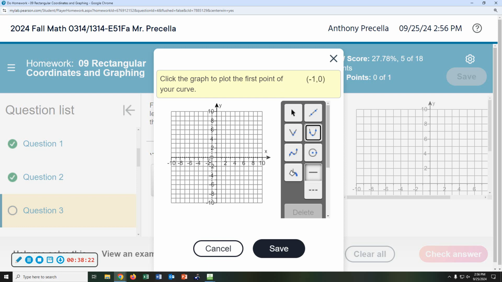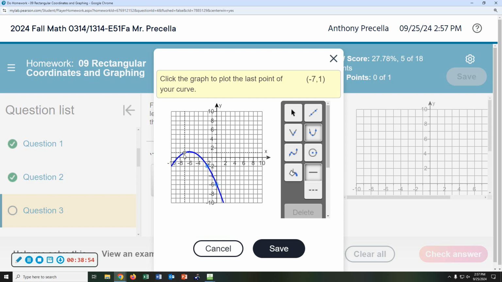Negative 2, negative 2? Is that it? Oh, I moved accidentally there. Click it. Now, what's the second point? Next point was 0, negative 6. And now they want me to plot the last point. As I move my cursor around, it's drawing every possible parabola that could contain those 2 points.